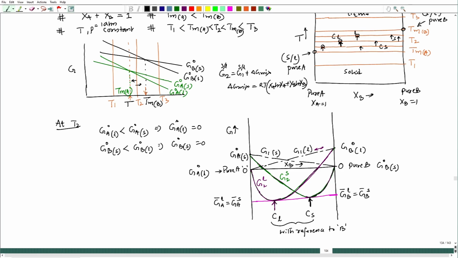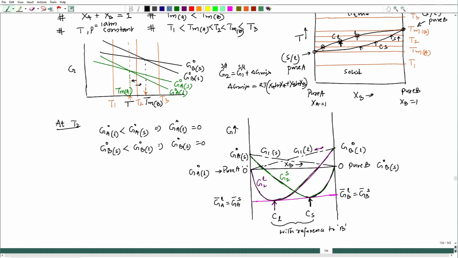So, now if I connect those liquid points and solid points at different temperatures, I will get a plot like this. I will just connect them, and the liquid and solid lines, if I connect, I will get like this, okay, fine.